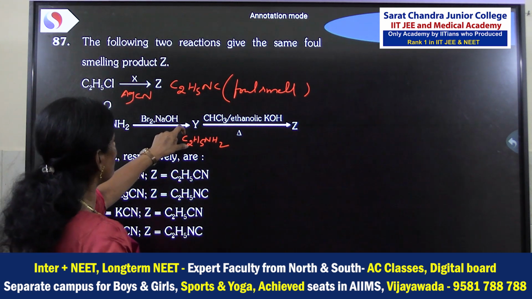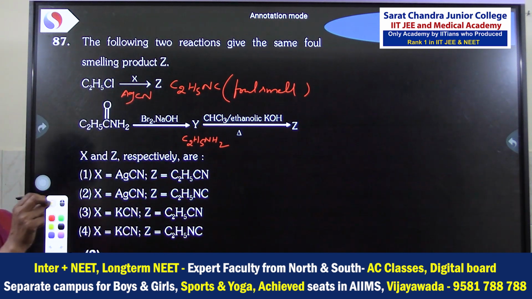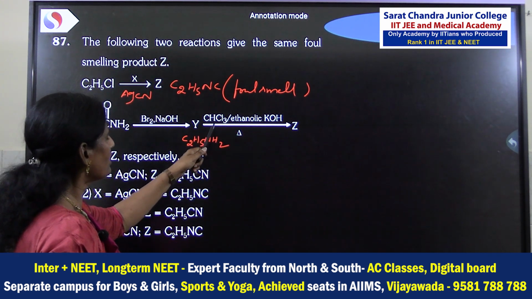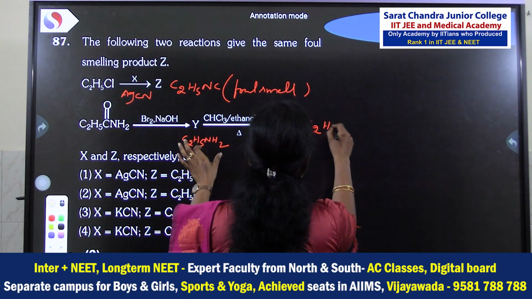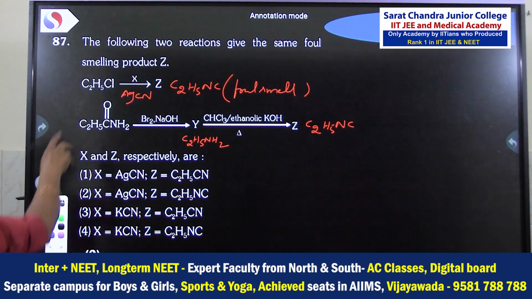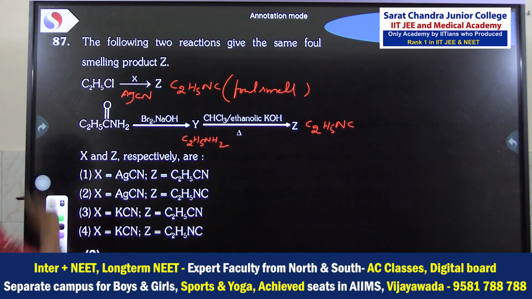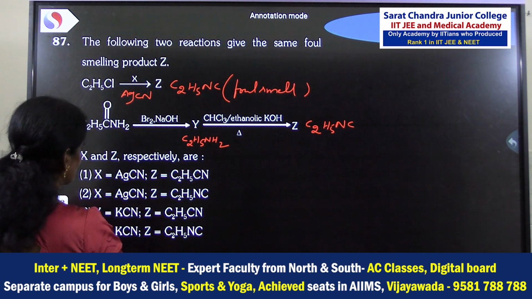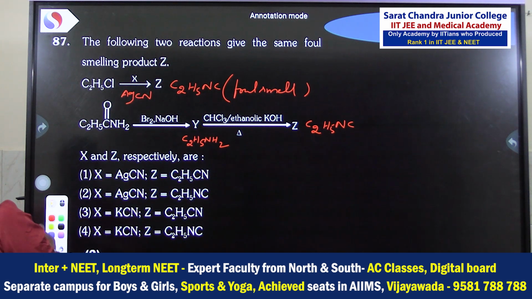And this primary amine, when treated with chloroform and alcoholic KOH, both aliphatic and aromatic primary amines give the carbylamine reaction or isocyanide test. So this ethylamine is again converted into C2H5NC isocyanide. So the product Z is foul smelling in both reactions. So the option is X equal to AgCN and Z is C2H5NC. So the second option is the correct one.